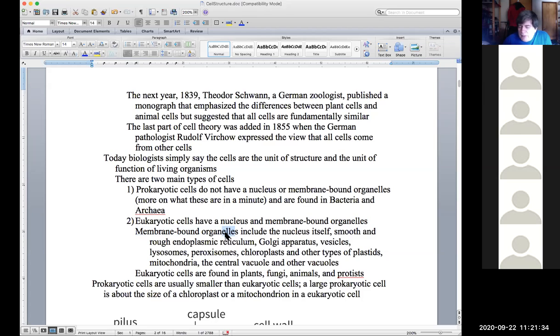When we look at these organelles, they're separated from the rest of the cell by a membrane. They're surrounded by a membrane.